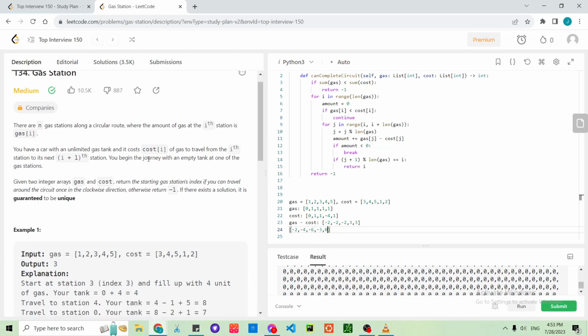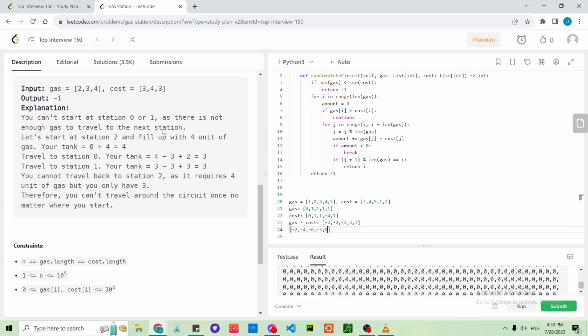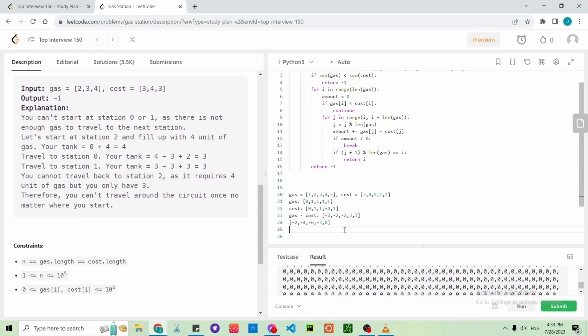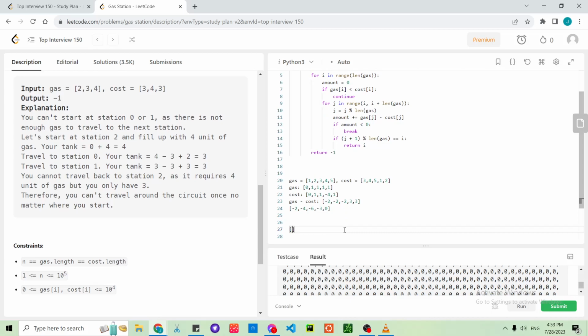I think I need more examples to figure this out. Okay. What if we had a, it still has to add up to at least 0.